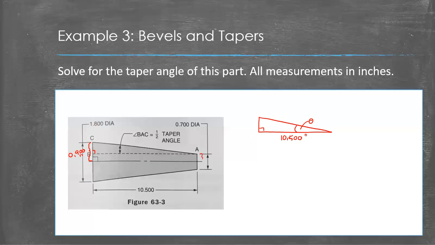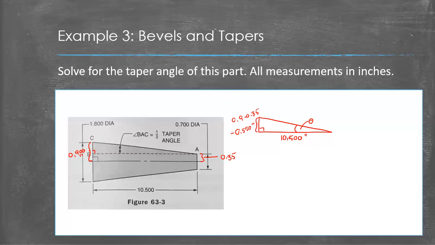And here, if I just do half of that, I have 0.35. So to find just this little height, the part in my triangle, I'm going to do 0.9 minus 0.35, and we are left with a height equal to 0.550 inches.